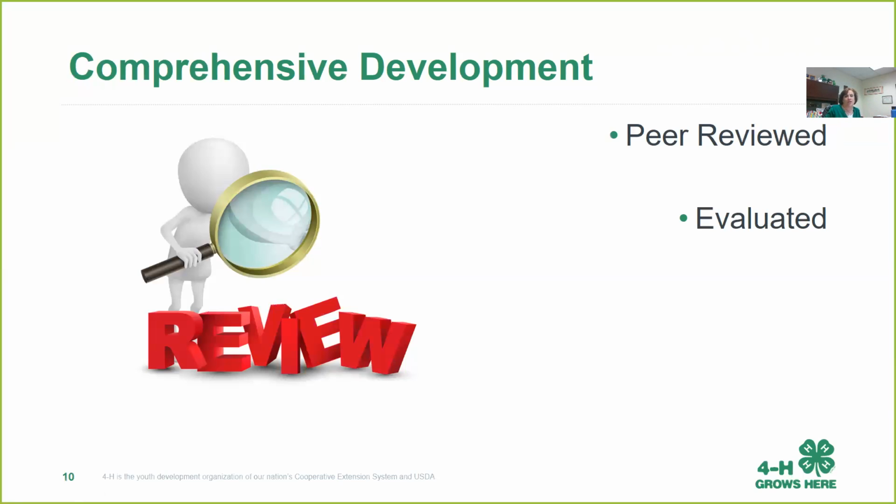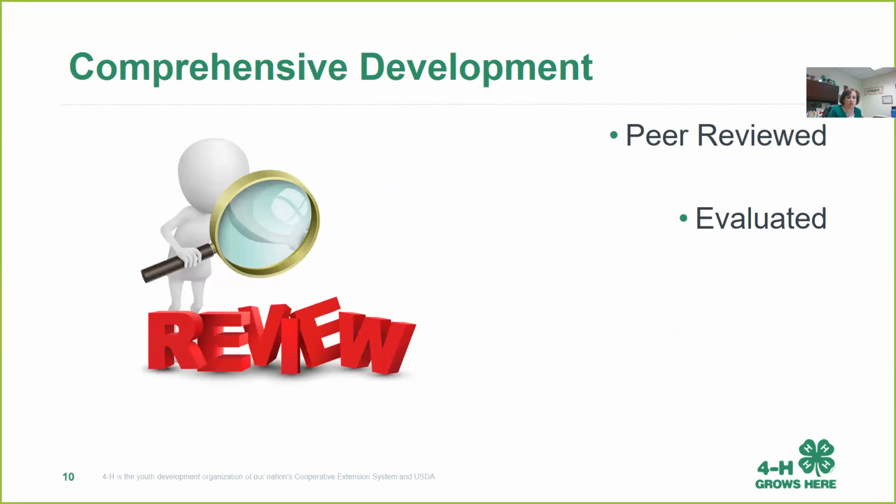You want to make sure that it's been peer reviewed. Anything that you get out of the National 4-H Mall has been peer reviewed. It has been vetted. It is good stuff. I do not have any qualms about anything that comes from National 4-H Mall.